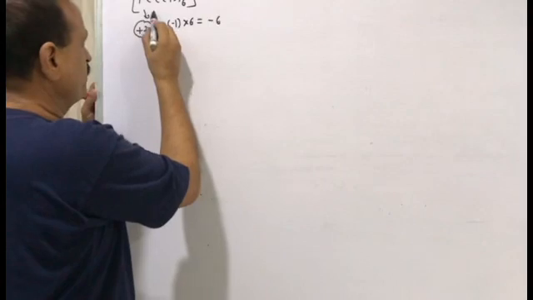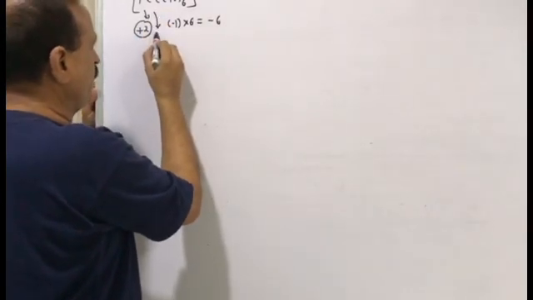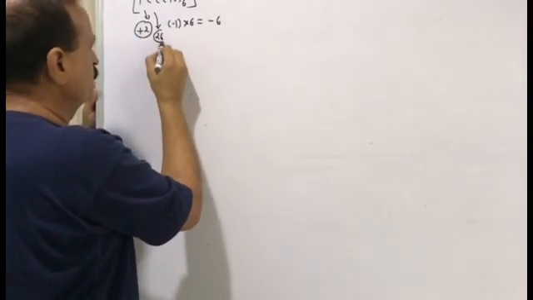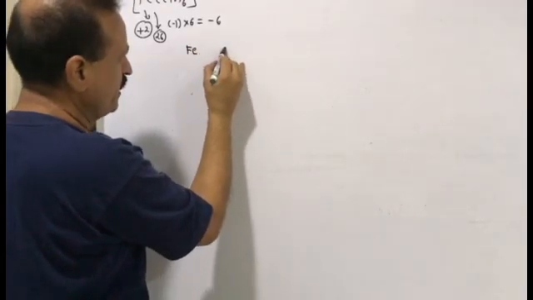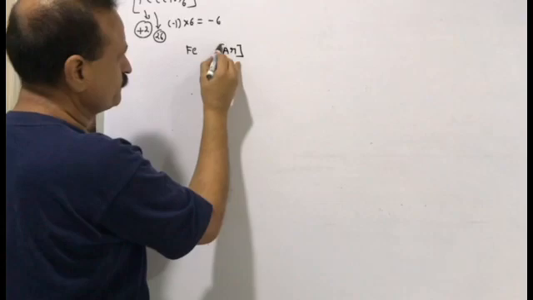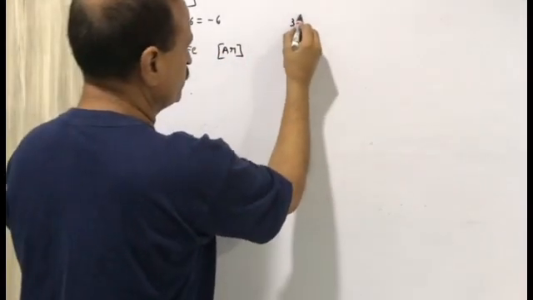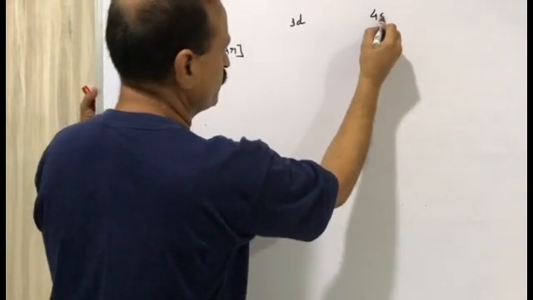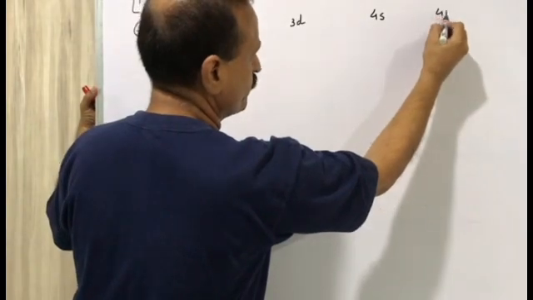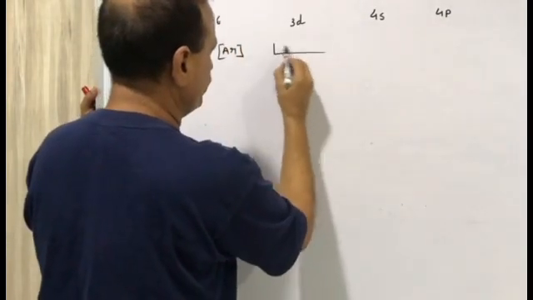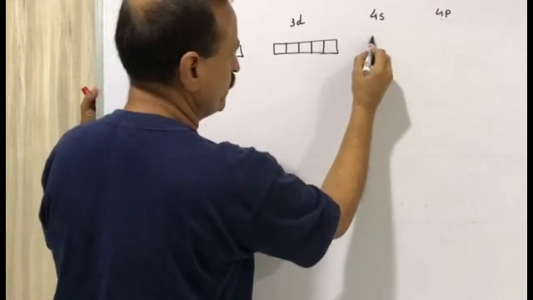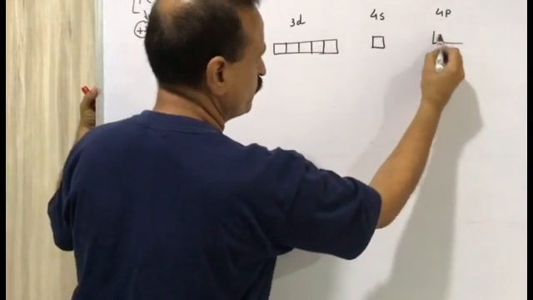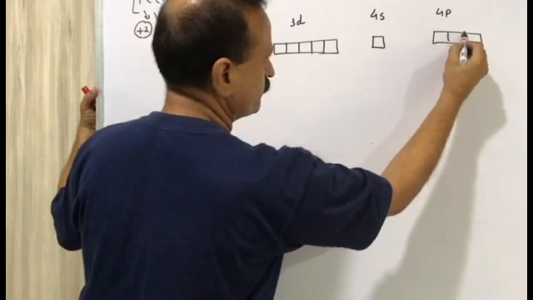The atomic number of Fe is 26. So what will be the electronic configuration? Argon 18, then here will be 3d, here 4s, and here 4p. So 3d has 5 sub-orbitals, 4s only 1, and 4p are 3.